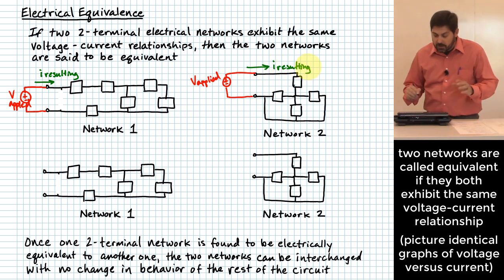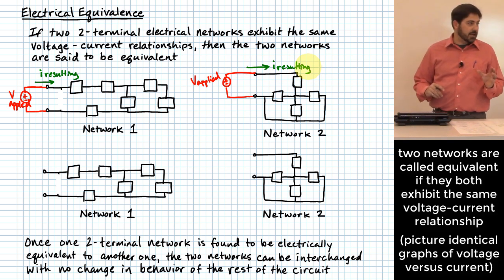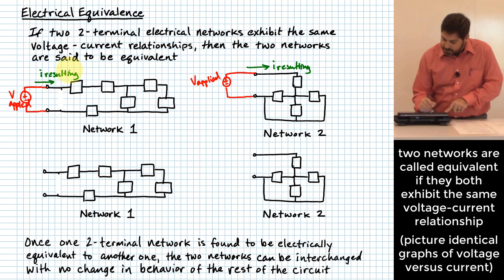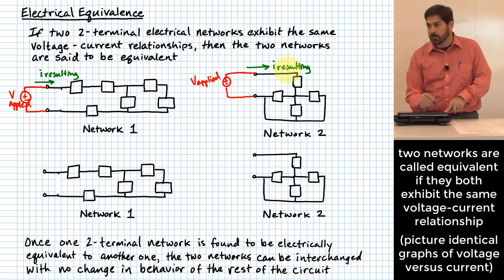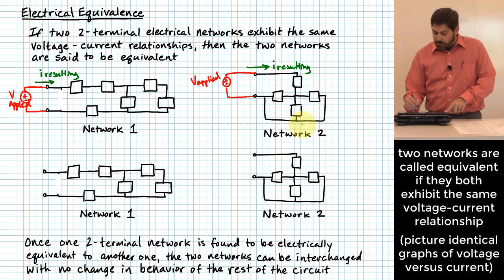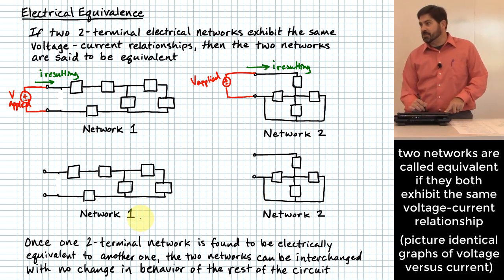So for any V applied, the I resulting will be the same between these two networks. That means network 1 is equivalent to network 2. Does that make sense?